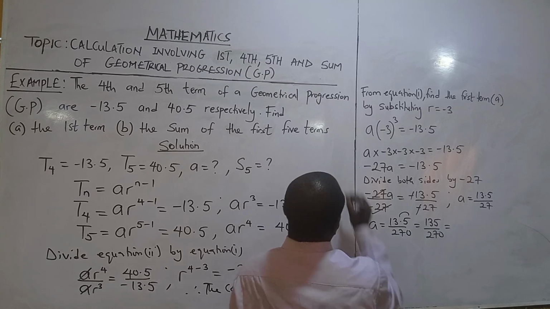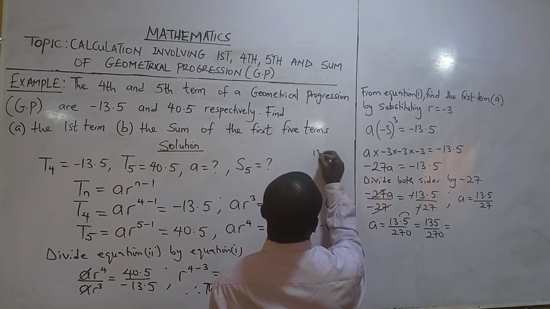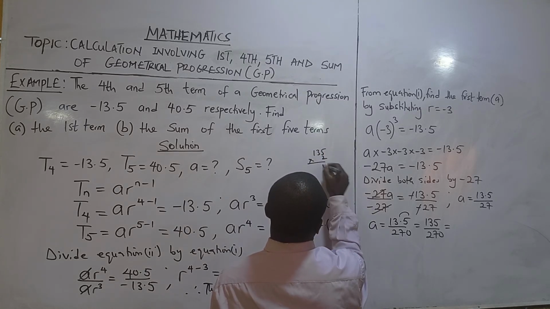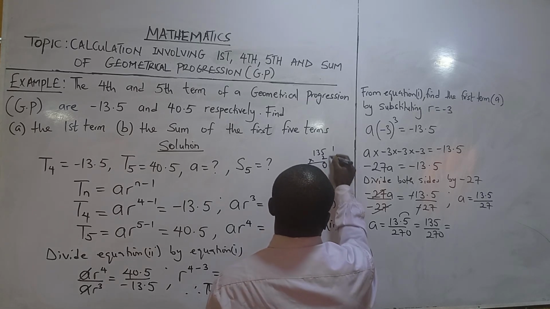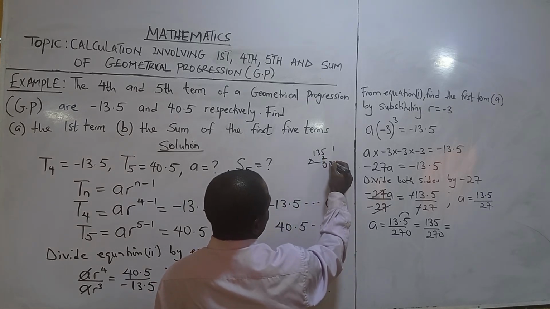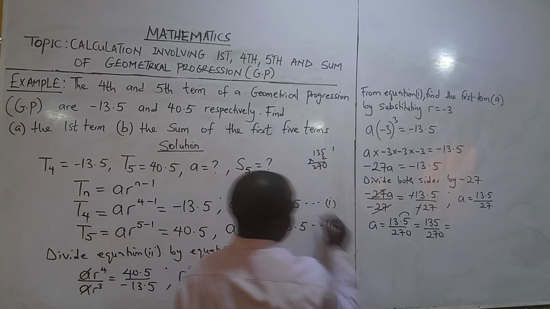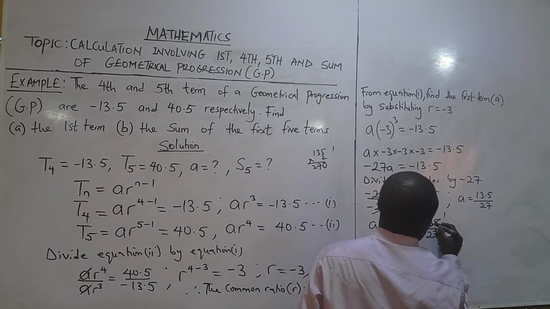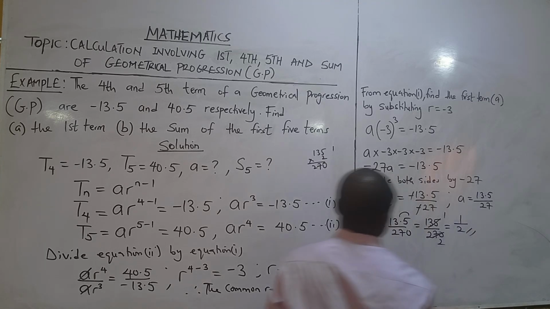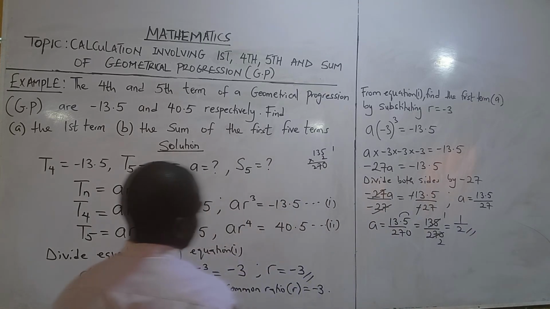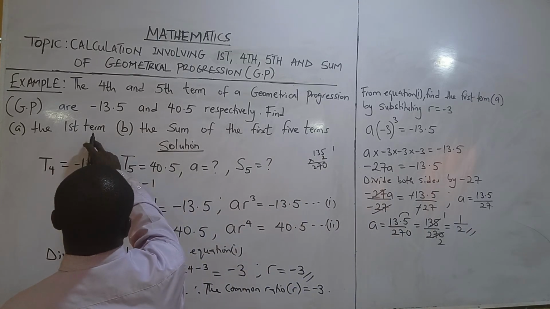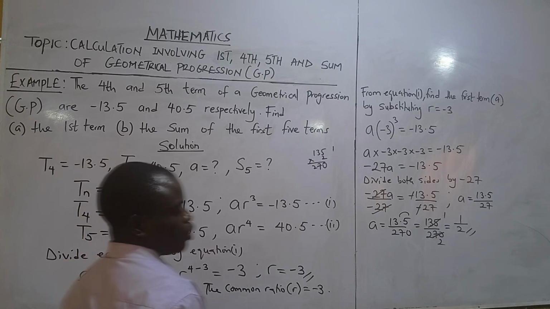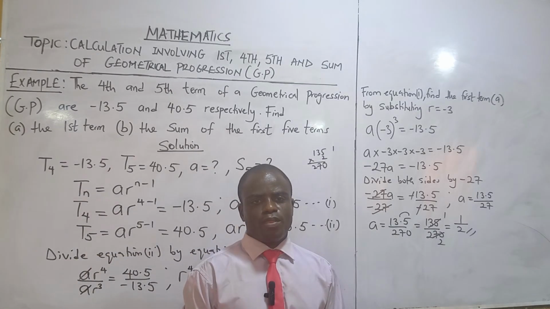That gives 1 over 2. Therefore the first term is 1 over 2.